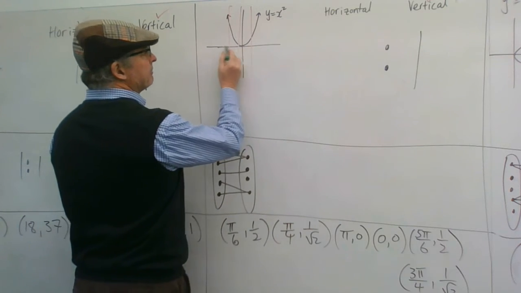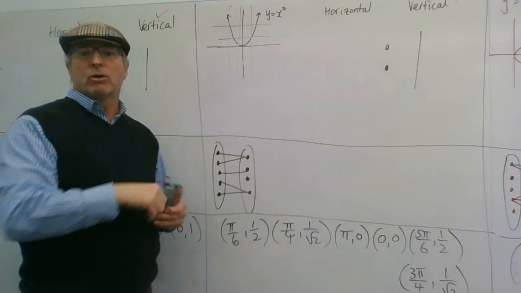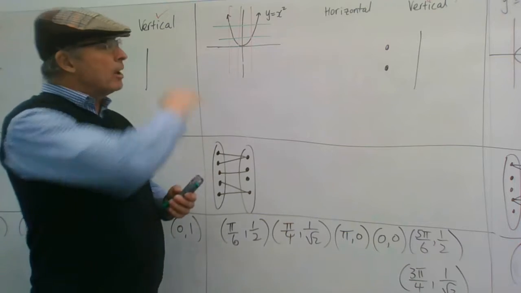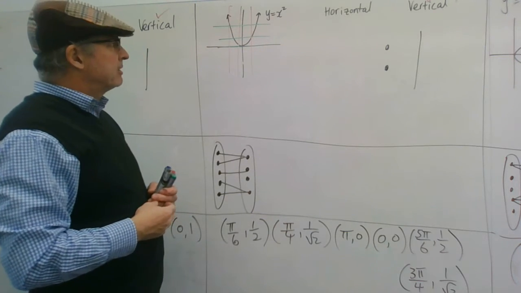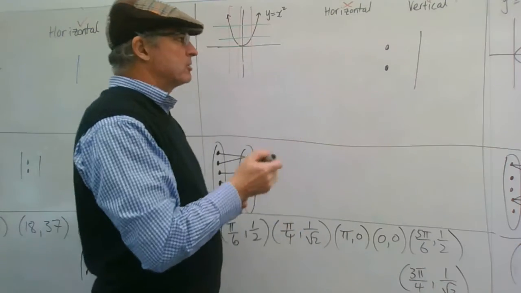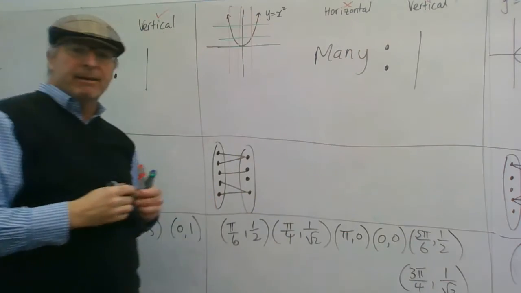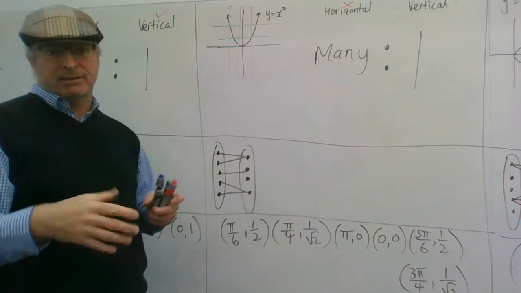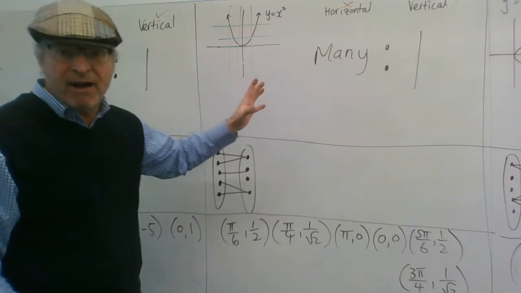Well, there's one point that passes it, but you can find a way that it fails, because at some point it's gone through the graph more than once. If it's failed the horizontal line test, then it's many. A failure means it's many, a pass means it's 1 in this context. So that's a many-to-1. Now, it is a function.